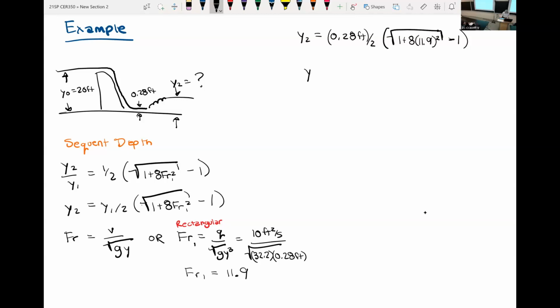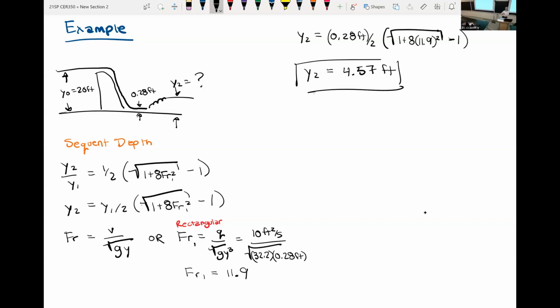If you solve this through, you end up with your conjugate depth of 4.57 feet. You go from less than half a foot to almost 5 feet across that hydraulic jump. Pretty drastic change. That's part of the reason it's important to control that flow condition and make sure it's happening in a place that's going to be safe.